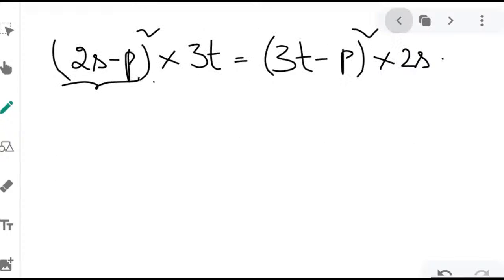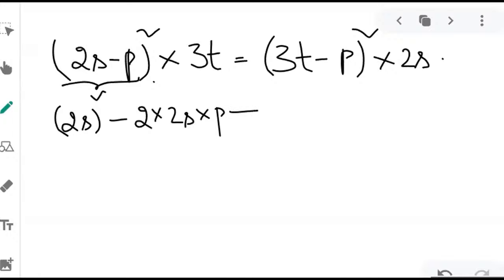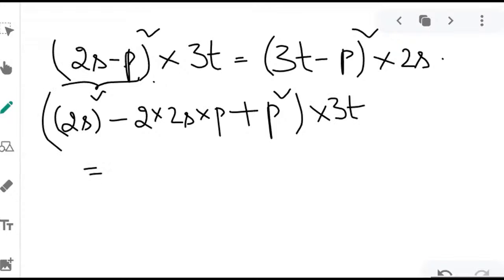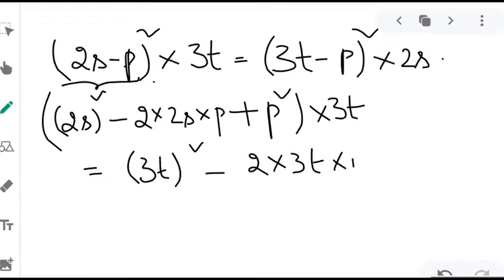Going back, a minus b whole square gives 2s square minus 2 into 2s into p plus p square, into 3t, is equal to 3t whole square minus 2 into 3t into p plus p square, into 2s.